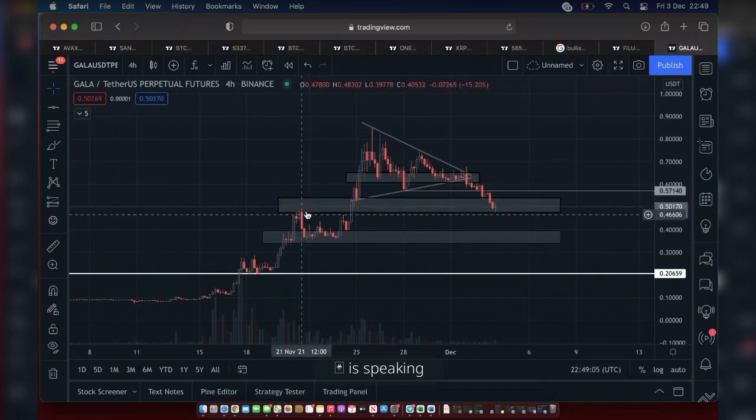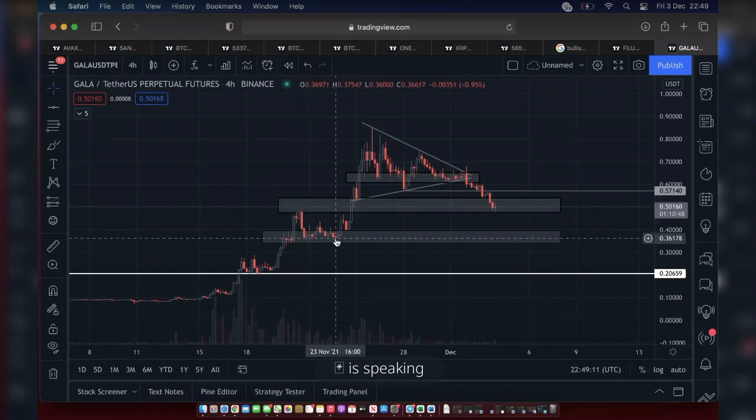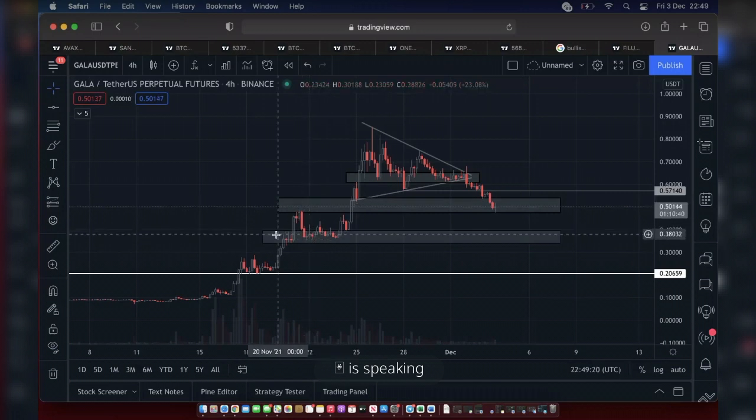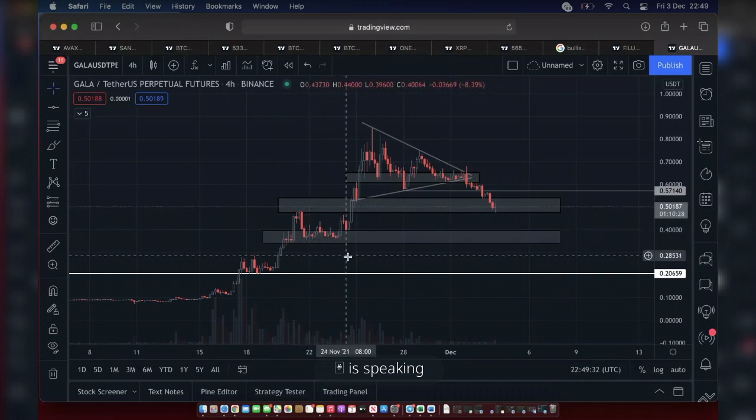Give me a coin, and then I'll open up a fresh chart and show you how to find a zone. It could literally be any coin. ADA. All right, let's do ADA.